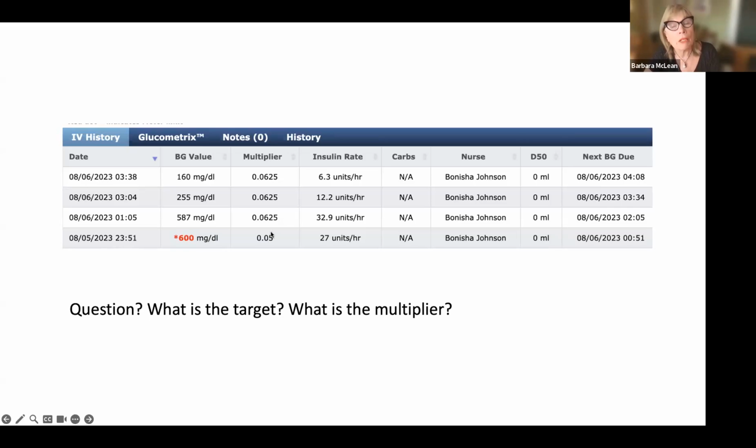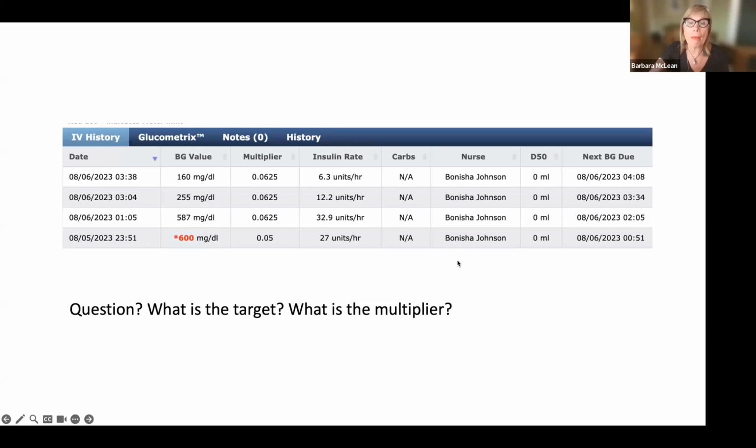That's only for CTS patients and only if specifically ordered. That was not ordered for that patient. And the target for this patient was 100 to 140. But the target that was ordered by the provider was 140, 180. So that's a nurse transcription problem. The nurse actually wrote down the multiplier wrong and the target wrong.